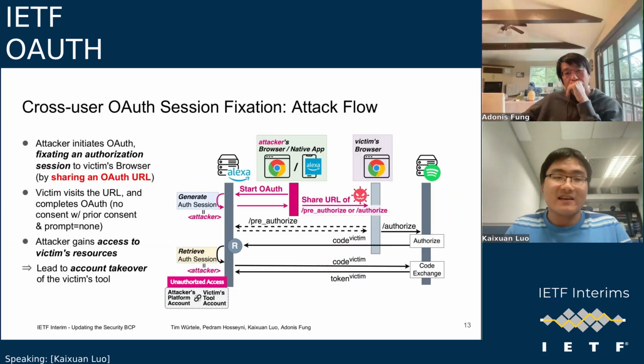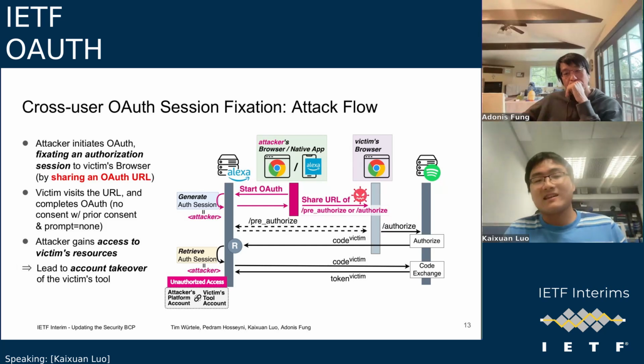So the attack is actually quite simple. As I've mentioned earlier, the attacker starts OAuth and gets an OAuth URL. It could be just the authorization request URL, or it could be a request preceding that request URL, so we call it a pre-authorization URL. But the same thing in these two designs is that there is an authorization session embedded in that URL parameter.